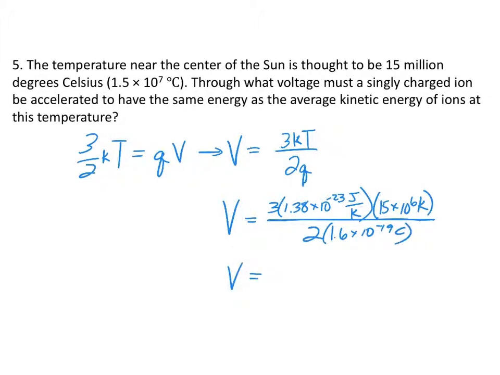So our voltage is going to be 1.9 times 10 to the 3 volts. So almost 2,000 volts. That's not incomprehensible. You can go to a substation anywhere in town and find voltages of that level. Problem solved.